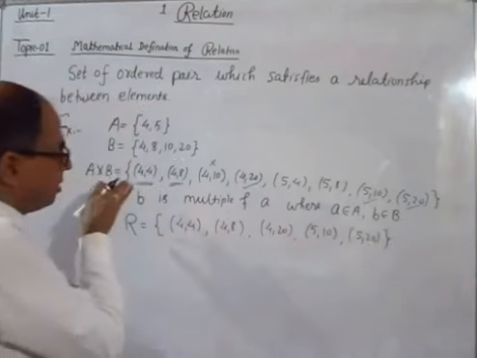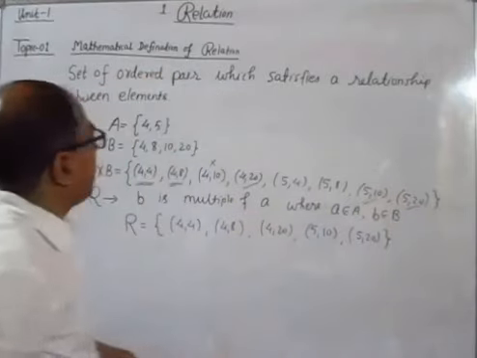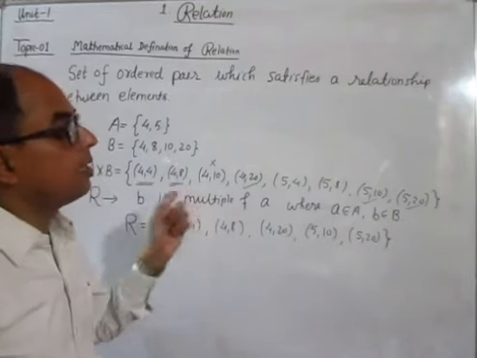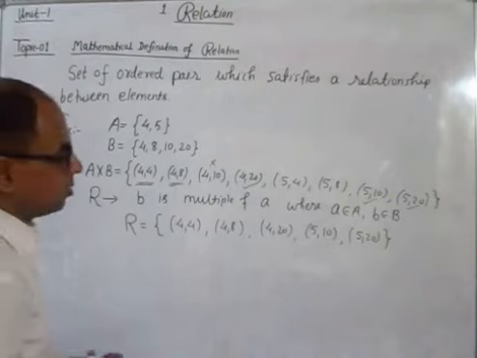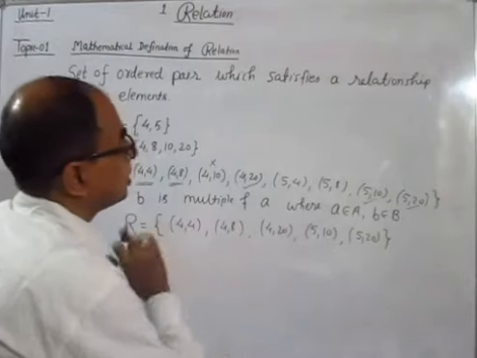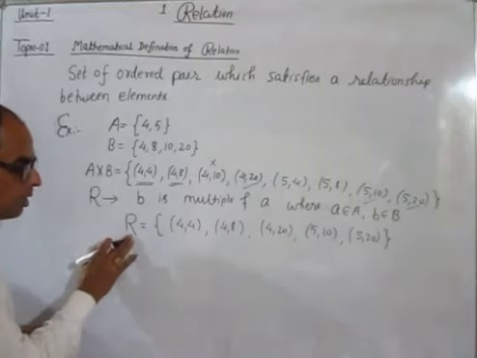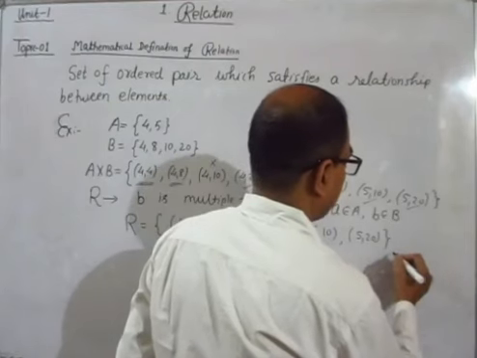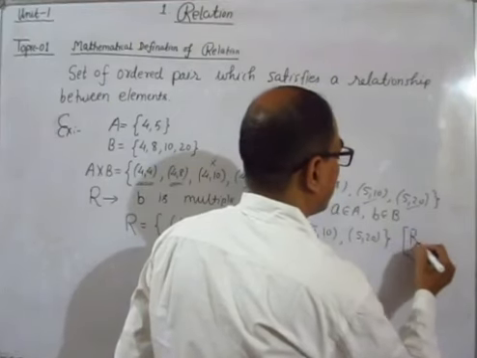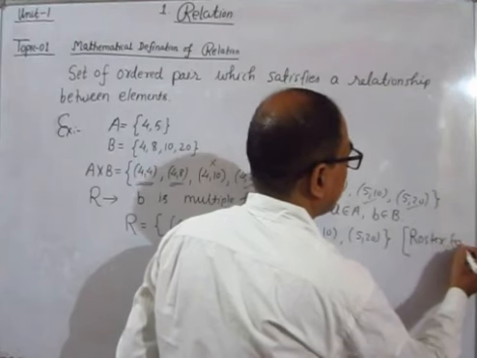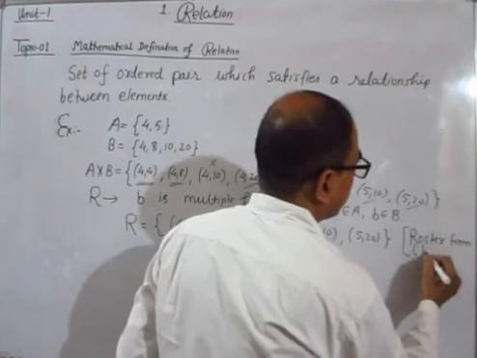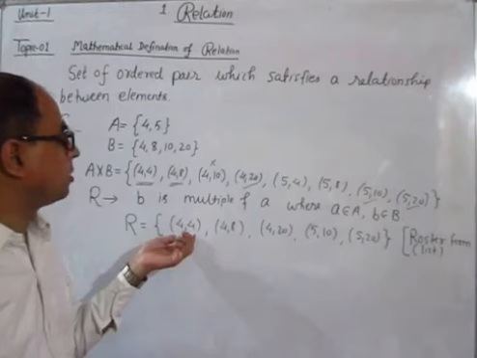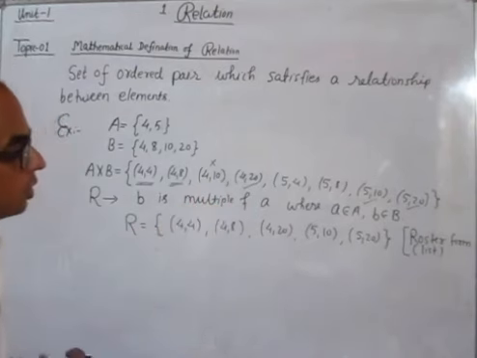So out of these 8 ordered pairs, only these ordered pairs satisfy the given relationship. So this is the relation. This set is called relation. So we have written the relation here in roster form. This form of relation is called roster form. Roster means list. So we have made the list of ordered pairs which satisfies the given condition.